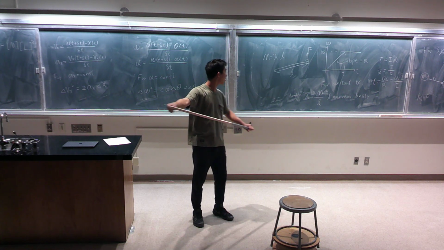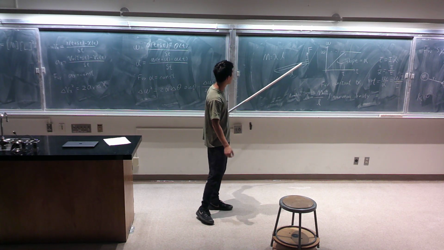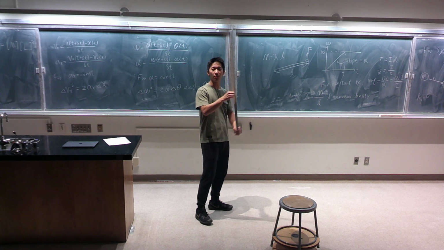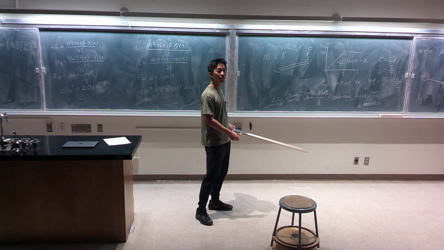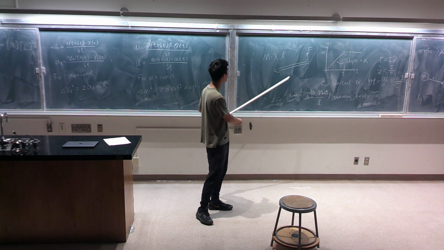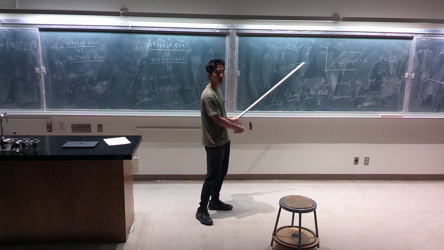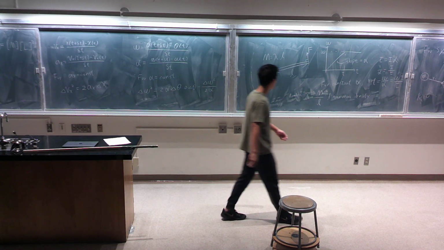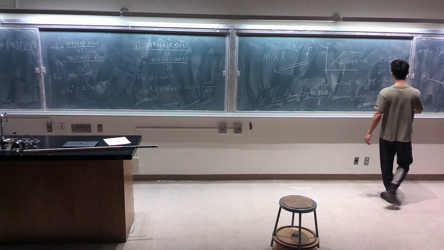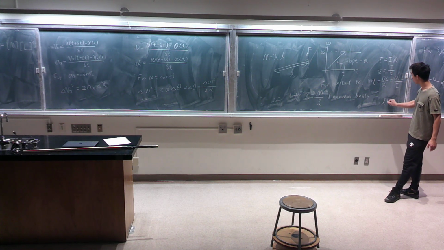So you know L should be in there. And of course, if you push harder, the torque should be bigger. So what will be bigger if L and F are bigger? Torque. Yeah, and how do you combine these two? So torque will be bigger when they are bigger. Multiply. Yeah, so you multiply. The torque in this case will just be the length of the pipe times the force.